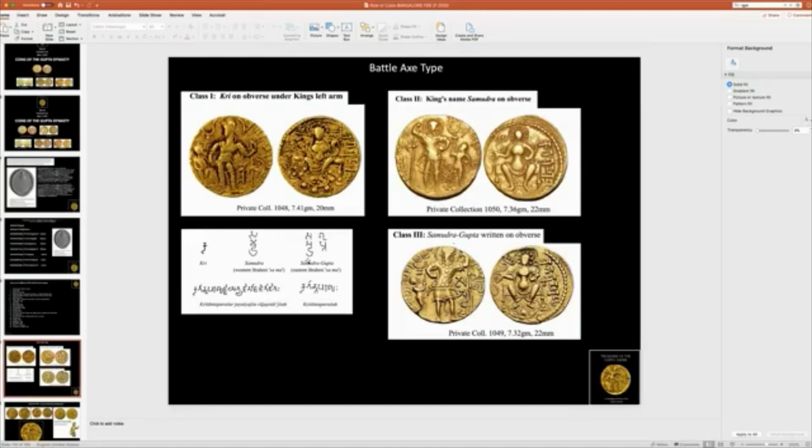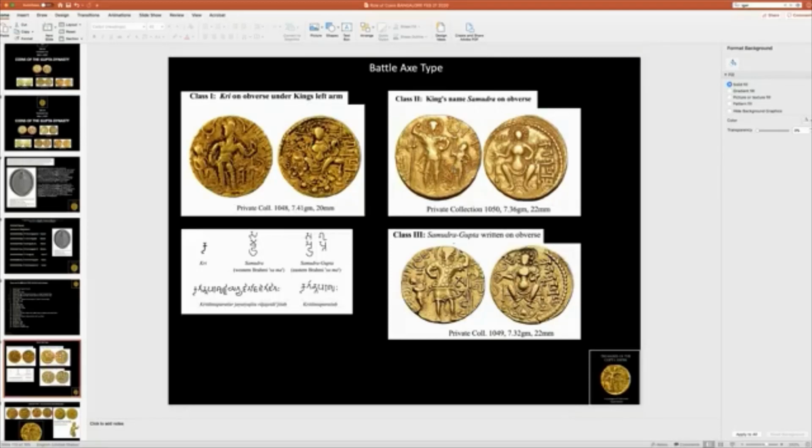So here on this, we find very important elements. We see, of course, the king is holding a battle axe. We are shown here that there is a small person standing behind the king, and he's holding a Bala Chandra Dhwaj, a Shaivite symbol.